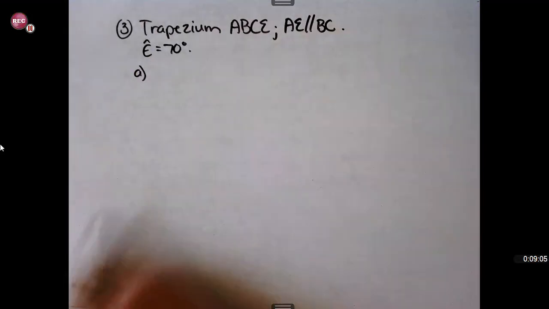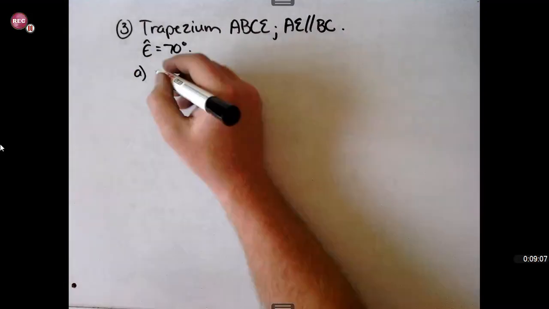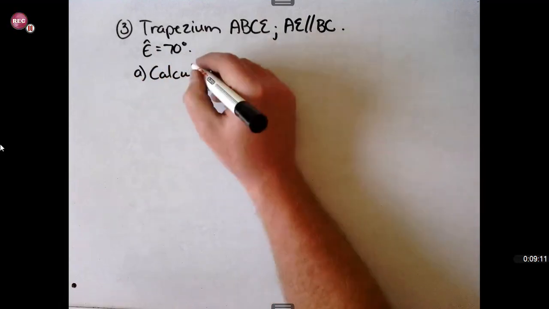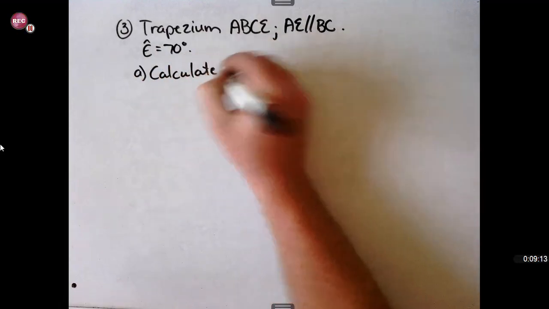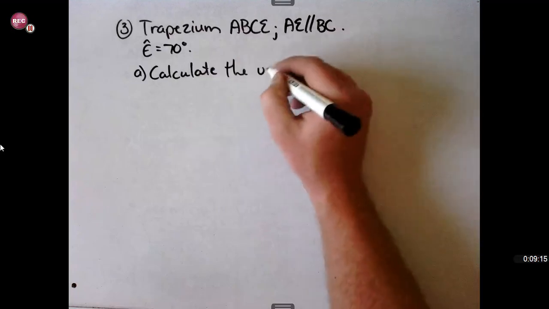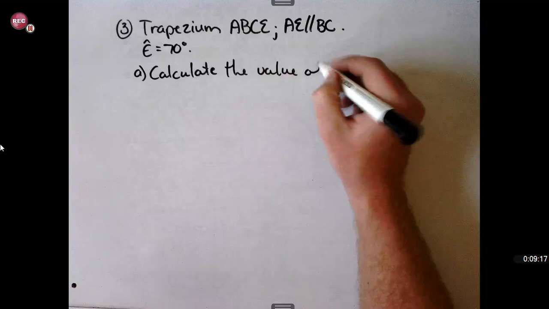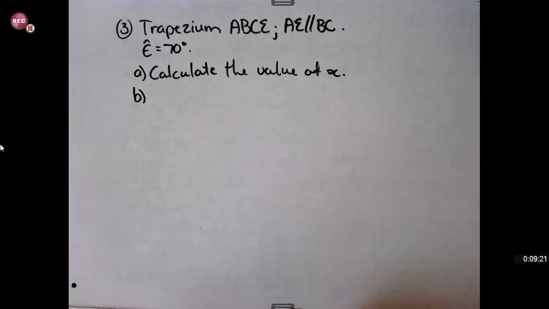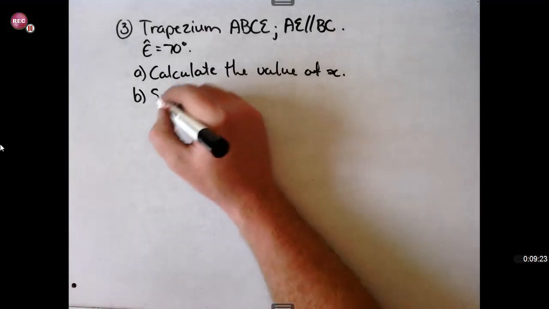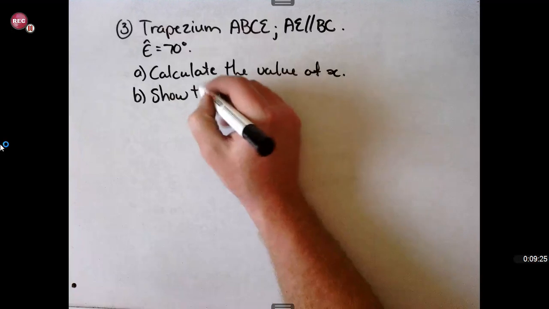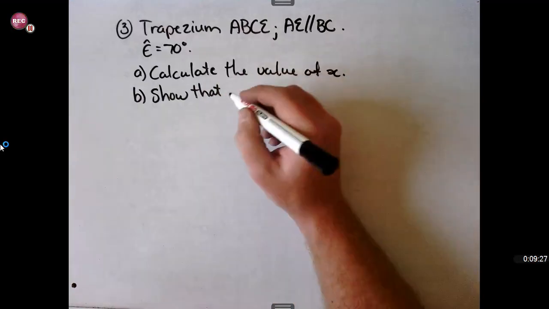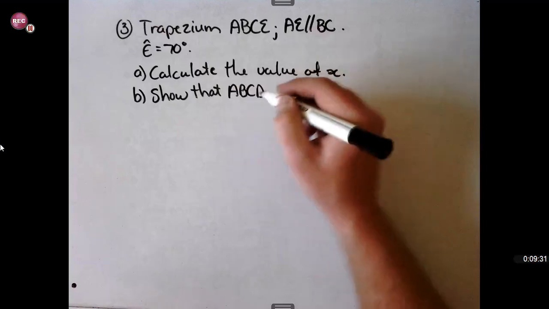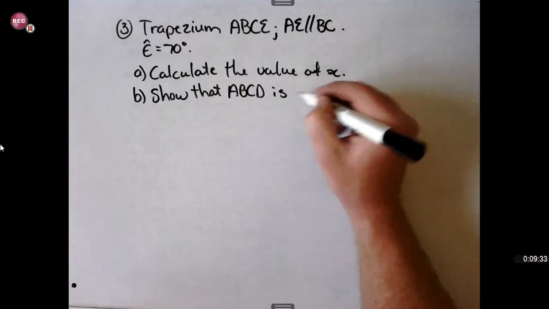So first question, they tell you to calculate the value of x. For question B, they go further and they tell you to show that ABCD is a parallelogram.